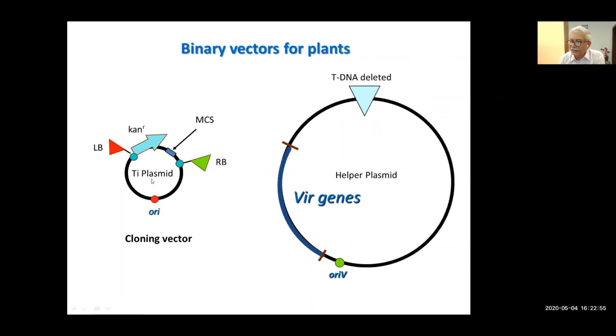I said the original TI plasmid vector is 200 kilobase big, and the one we use in the laboratory for transformation is about 10 kilobase. We have reduced the size so that it can accommodate our genes of interest, 10 kb, 20 kb of our gene of interest.